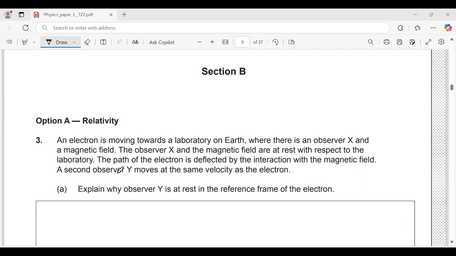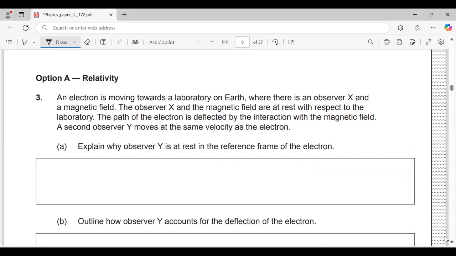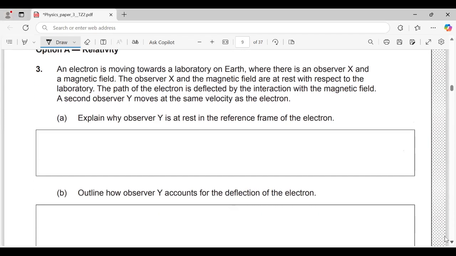A second observer Y moves at the same velocity as the electron. Explain why observer Y is at rest in the reference frame of the electron. I have provided my brief explanation, my brief opinion about this question.